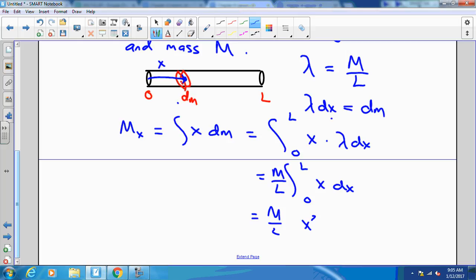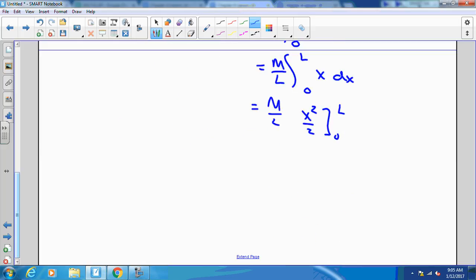Let's keep on going. The integral from 0 to L of x dx is x squared over 2, taking it from 0 to L, which gives me m over L, that's all squared over 2, mL over 2.